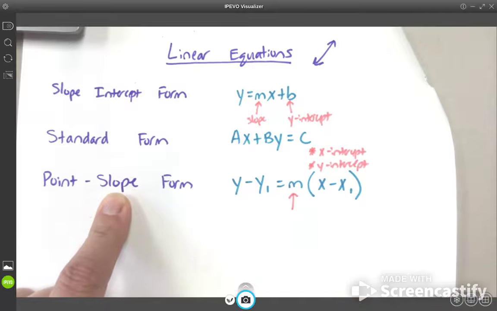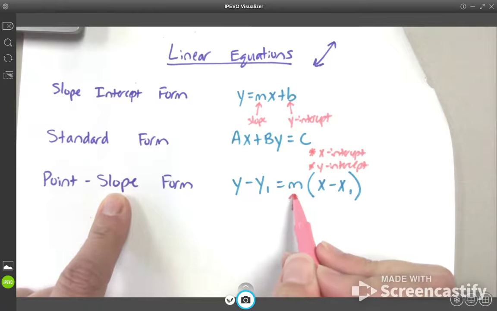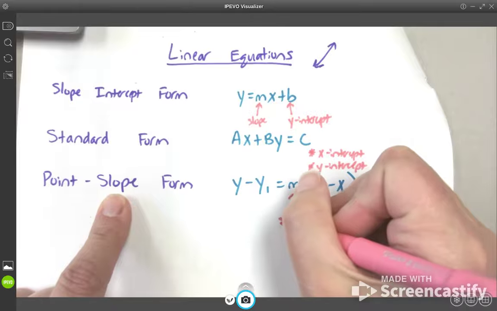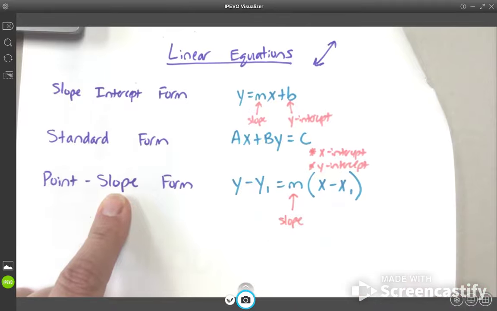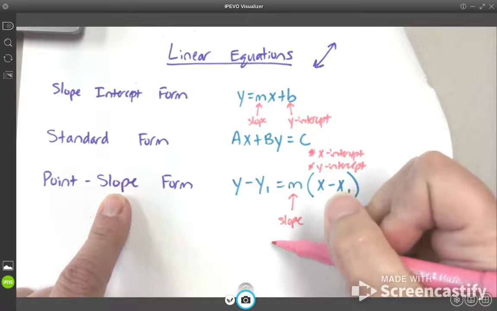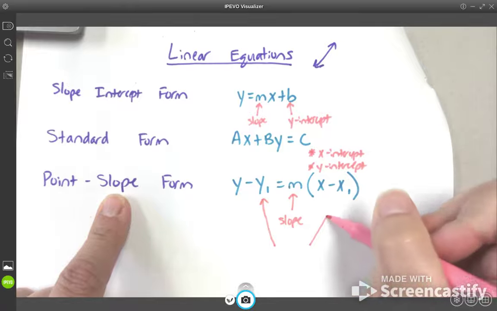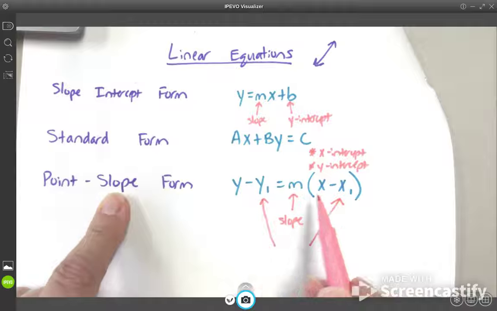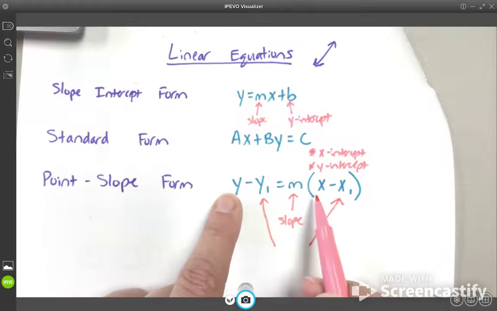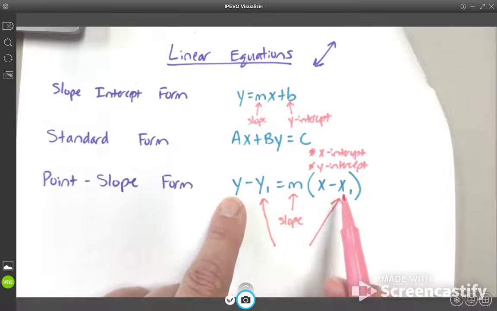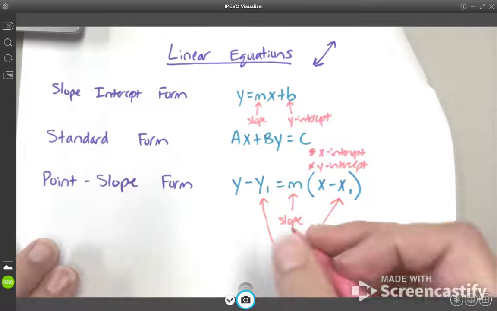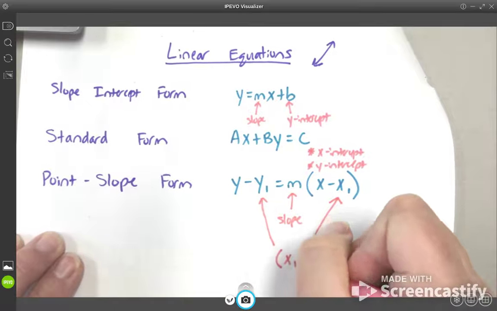We already know from slope-intercept form, what does the m stand for? Slope. So it gives us the slope in front of a set of parentheses, which we'll get to and talk about. And then this y1 and your x1, not the regular y and x, but the x1 and y1 give you a point.